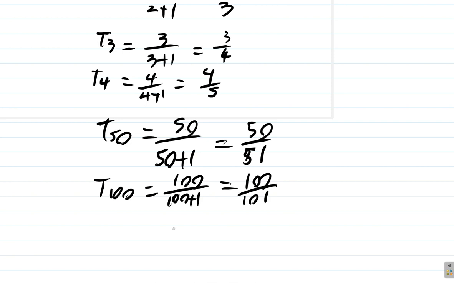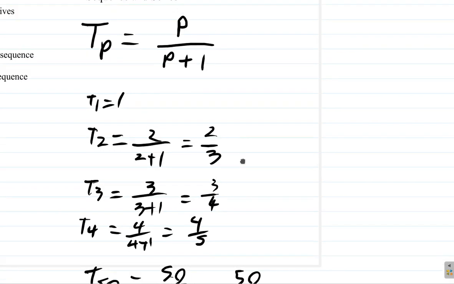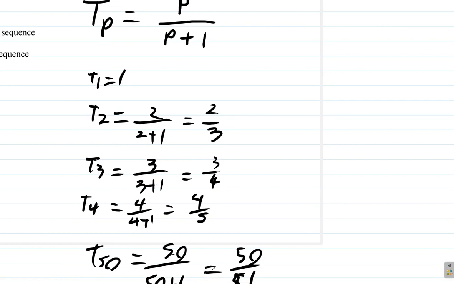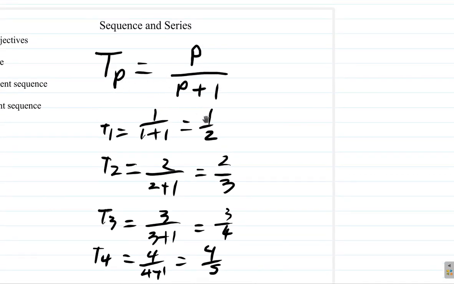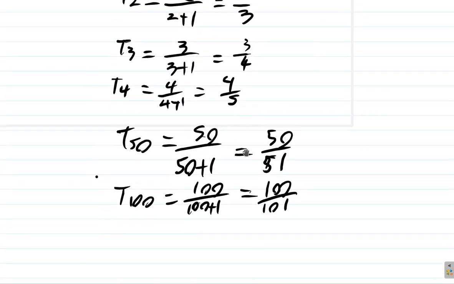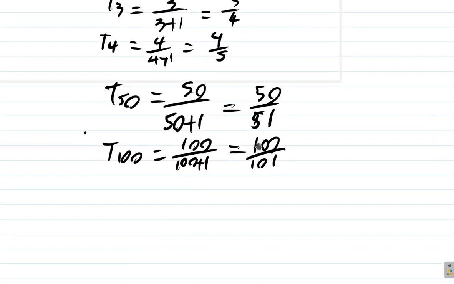Oh, term 1, my mistake. Let's correct this. Term 1 would be 1 over 1 plus 1, which is a half. Term 2, 2 over 2 plus 1, which is 2/3. Term 3, 3/4. Term 4, 4/5, and so on. Term 100 is 100 over 101. Term 1000 is 1000 over 1001.